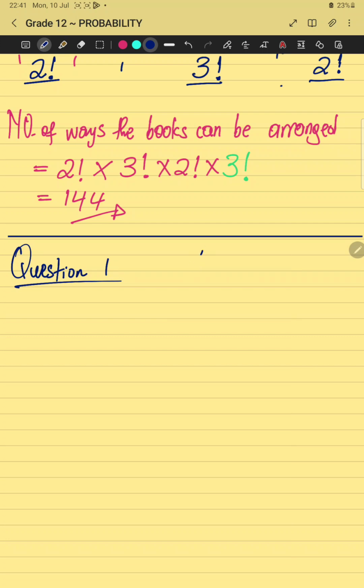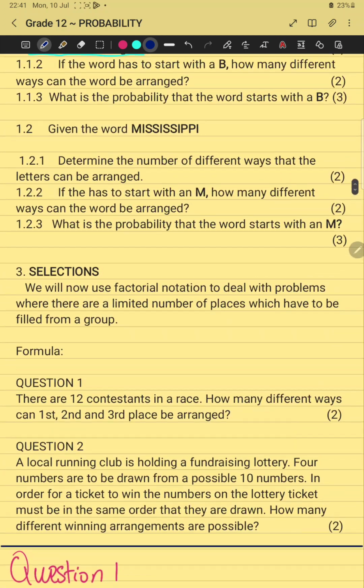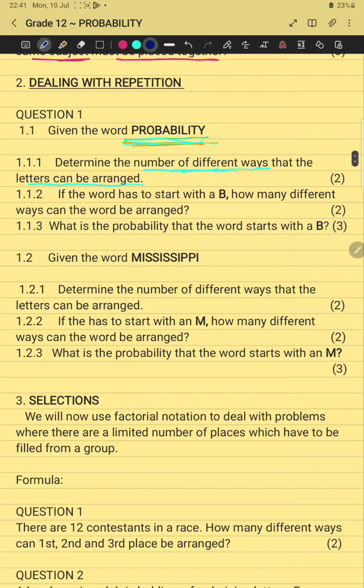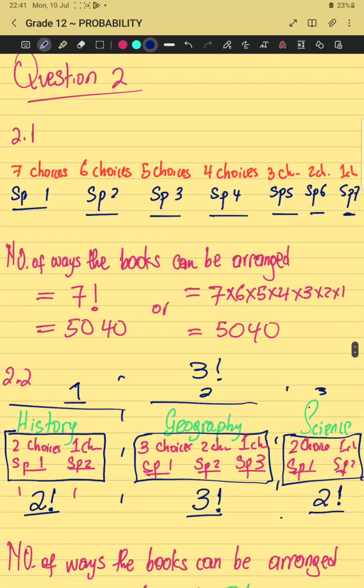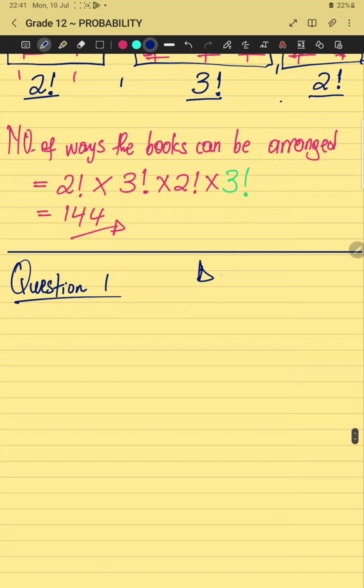So question 1, it's under the part of dealing with repetition. Okay, so we're given here the word probability.